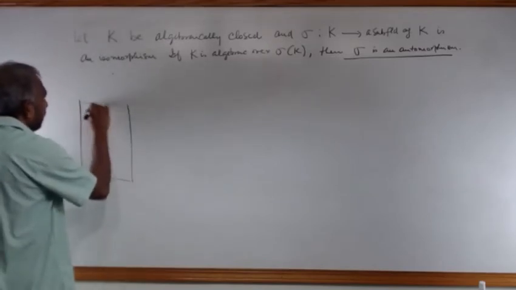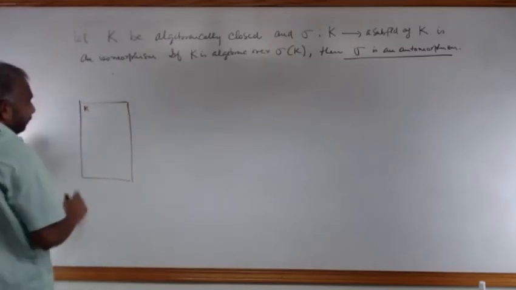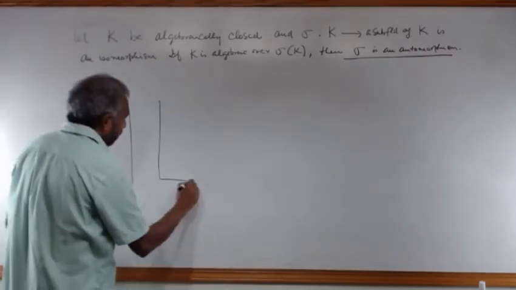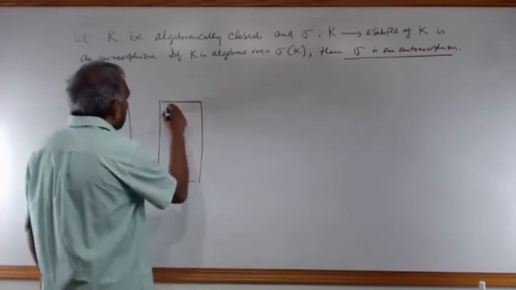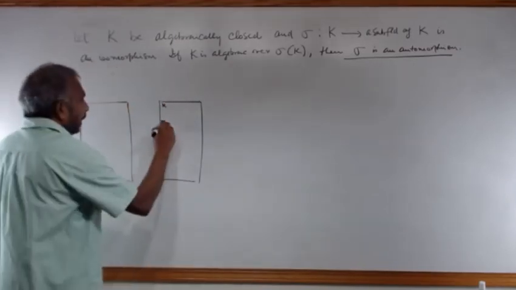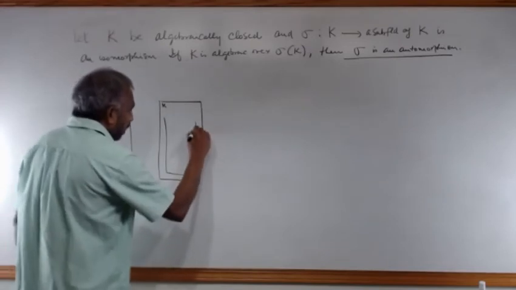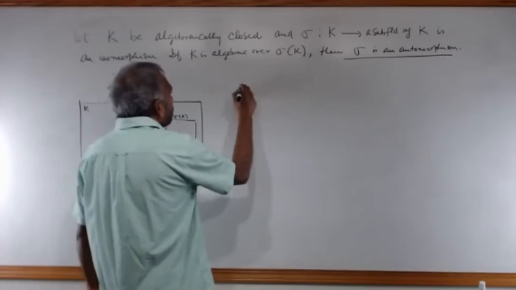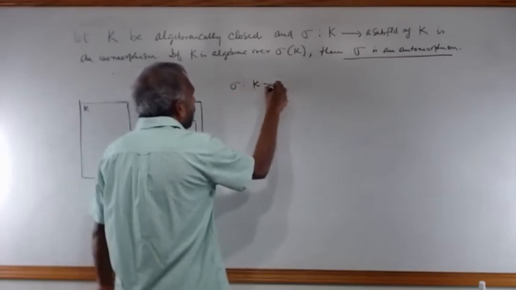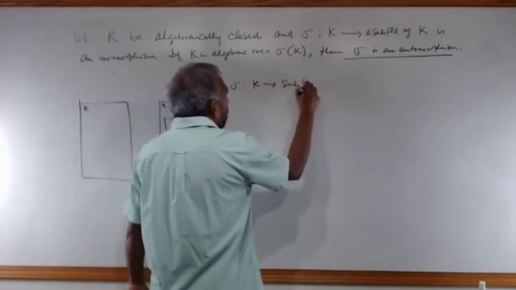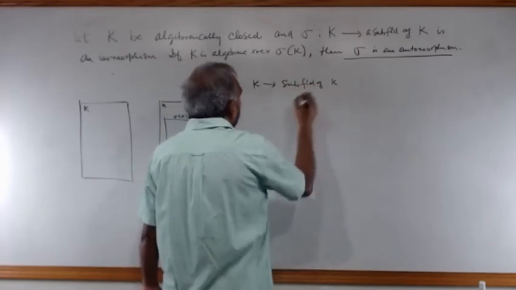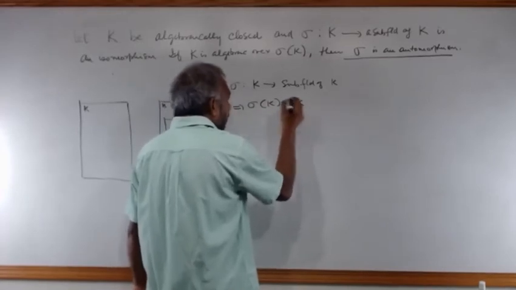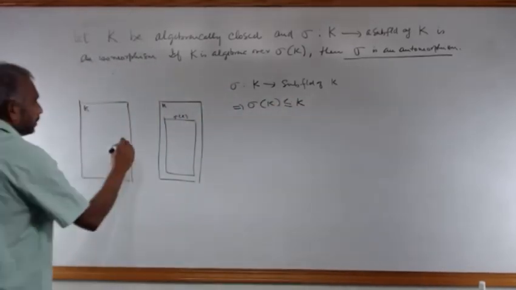So this is our K, and I'm going to write another K here. And this is our sigma of K. So sigma is from K to a subfield of K. That implies sigma of K. So this is our sigma.